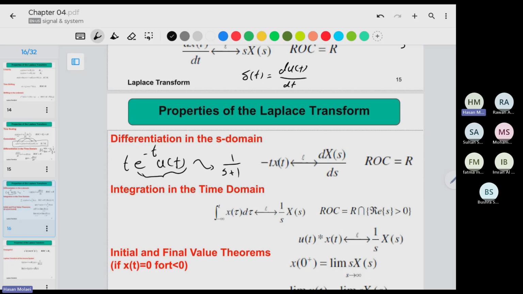Now I'm multiplying this function by t, which means I need to take a differentiation in S domain. But it should be minus t. I can multiply the two sides by minus 1. Why? Because that's linear.